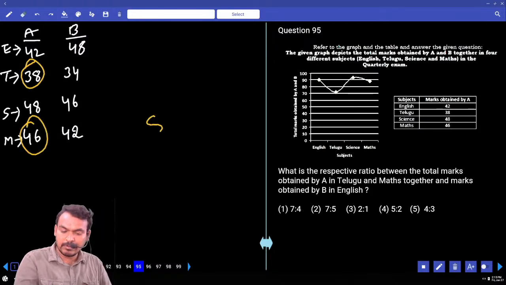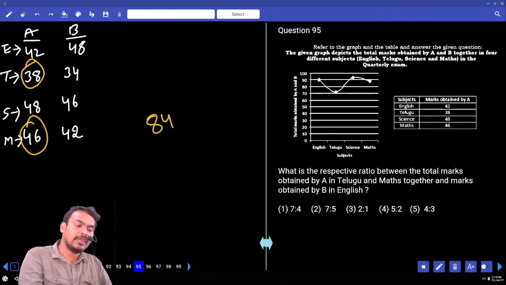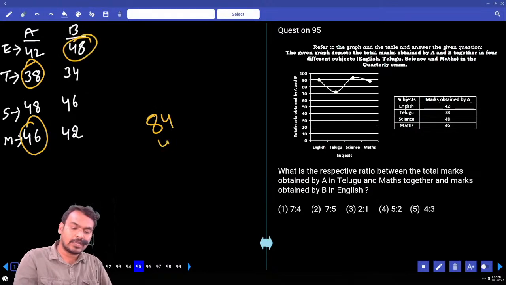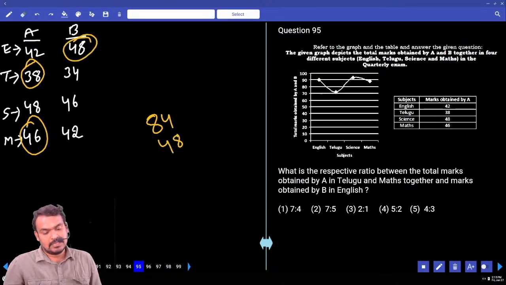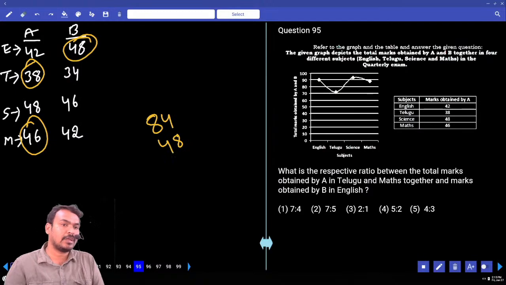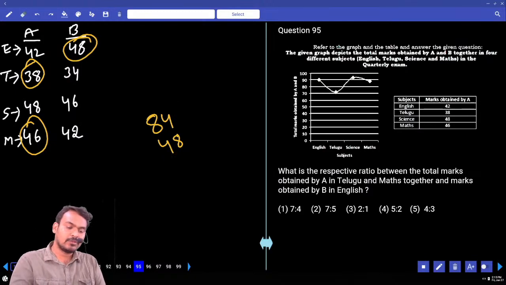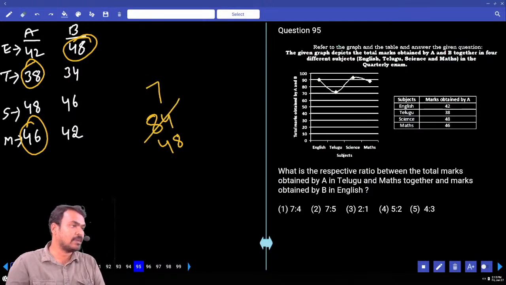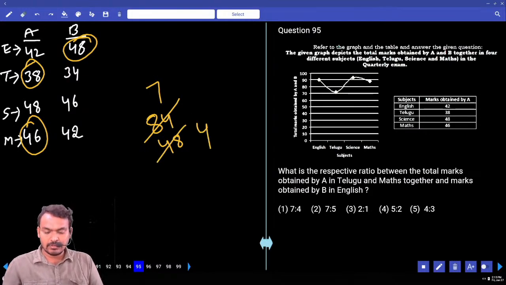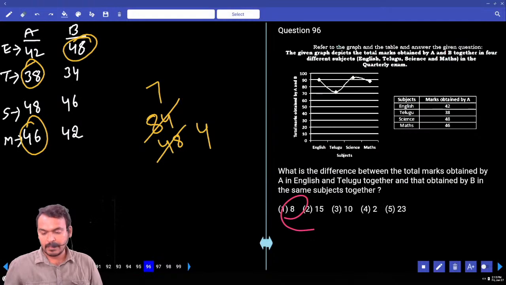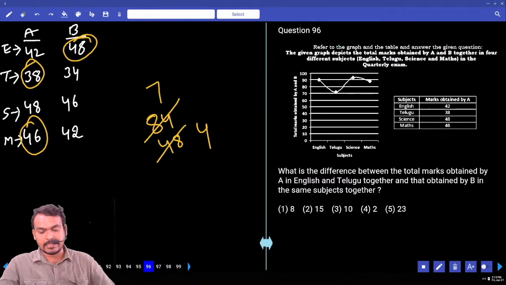What is the difference between 84 and B in English? What is the B in English? 48. What is the difference? 30. Sorry, we required ratio or sum? Ratio. 12 how many times? 7. 12 how many times? 4. What is the ratio? 7:4.